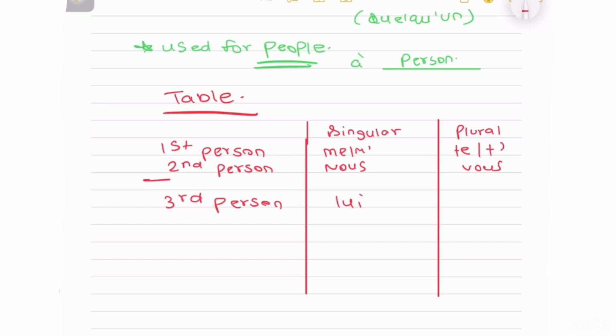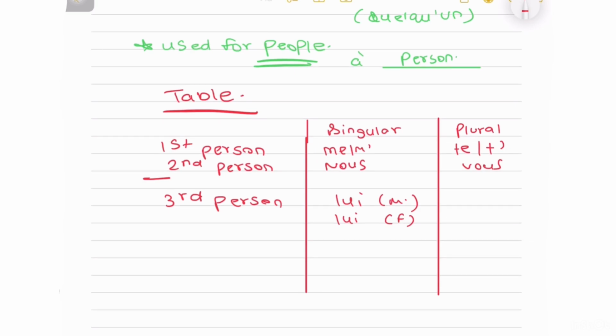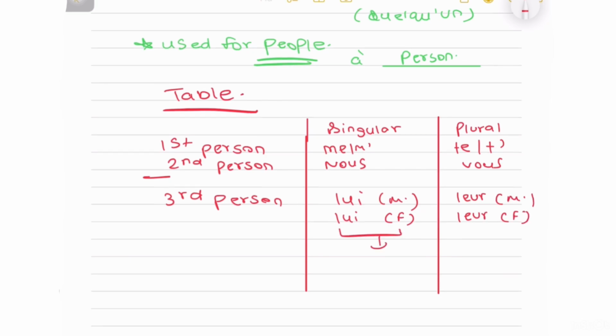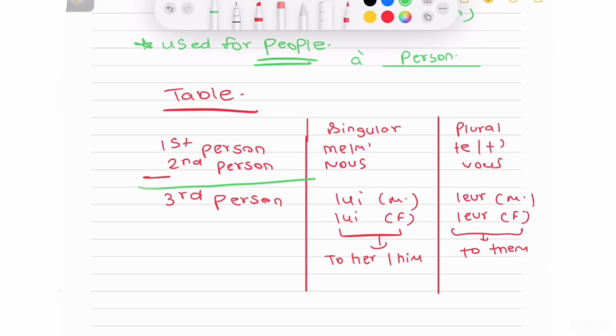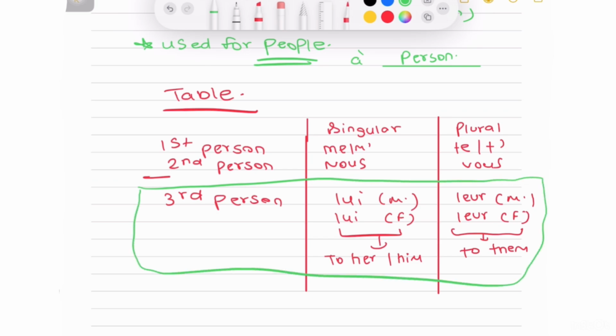To her, again lui. If it is plural, that is to them, you get leur, and again here also you get leur. So for both masculine and feminine you have the same word. This would mean to them, and this portion is the most important part of your table.